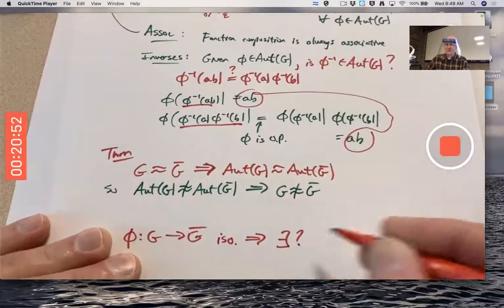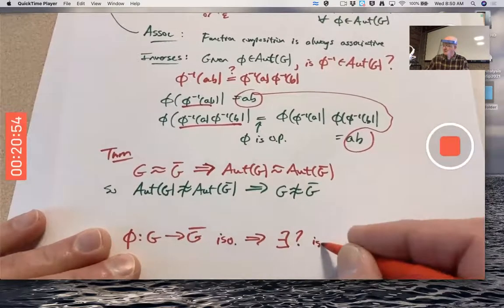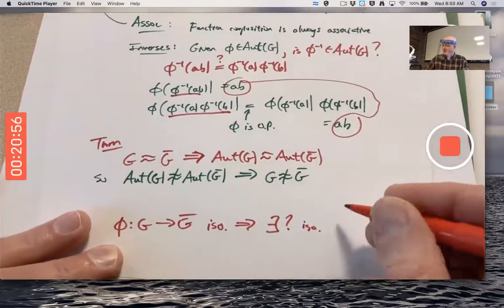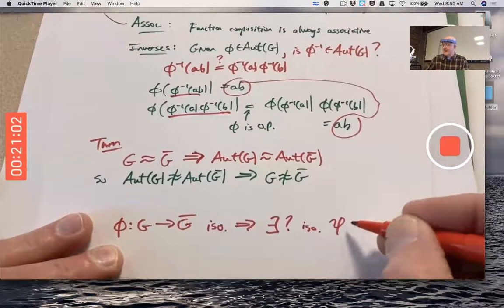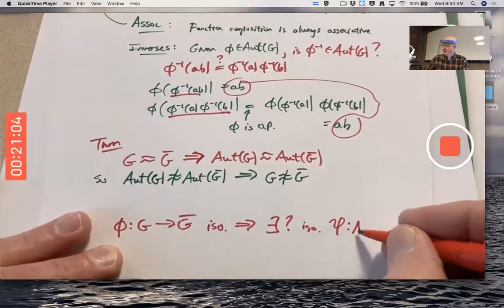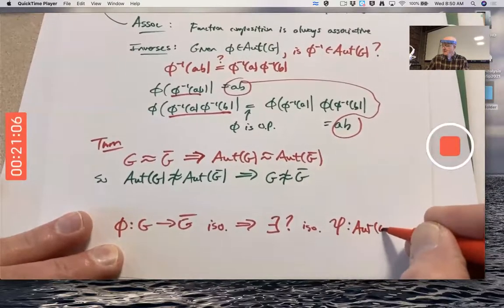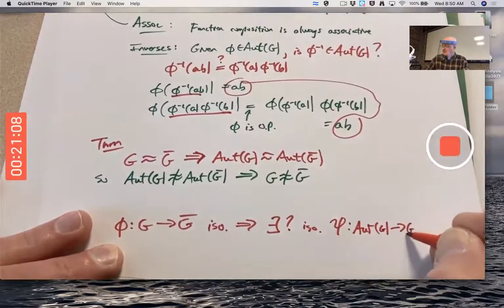Does there exist, question mark, an isomorphism, I don't know what to call it. Should I call it psi? Okay, I'll call it psi, from Aut(G) to Aut(G bar).